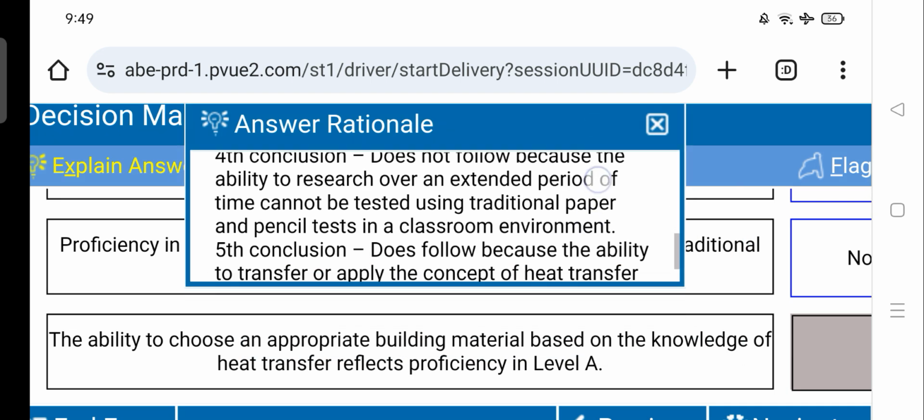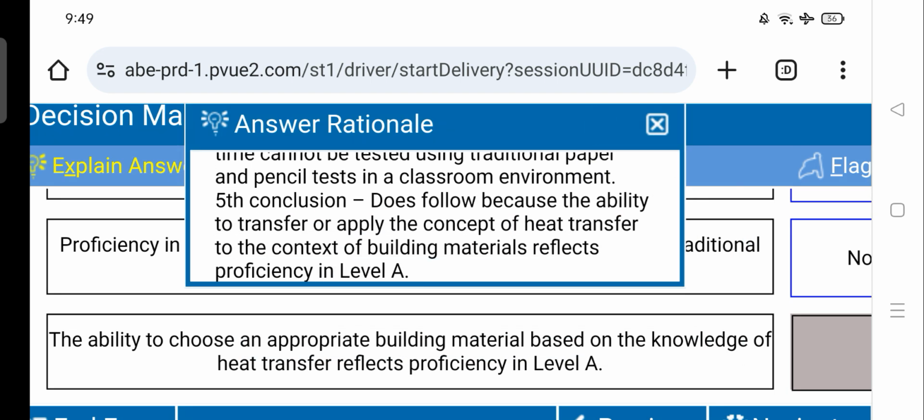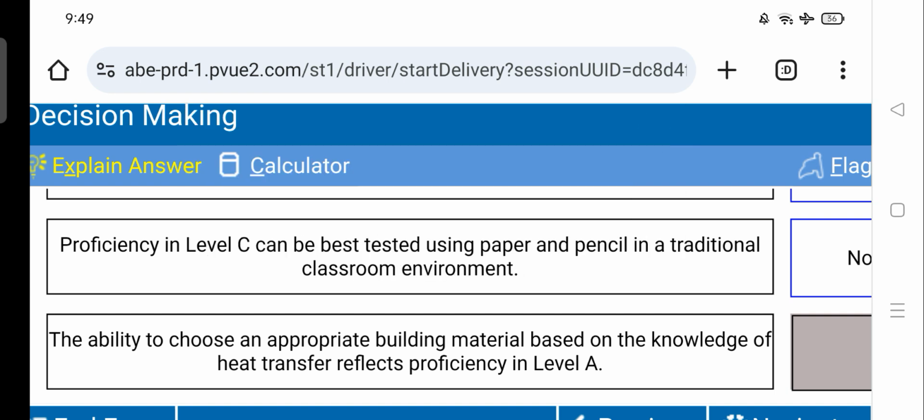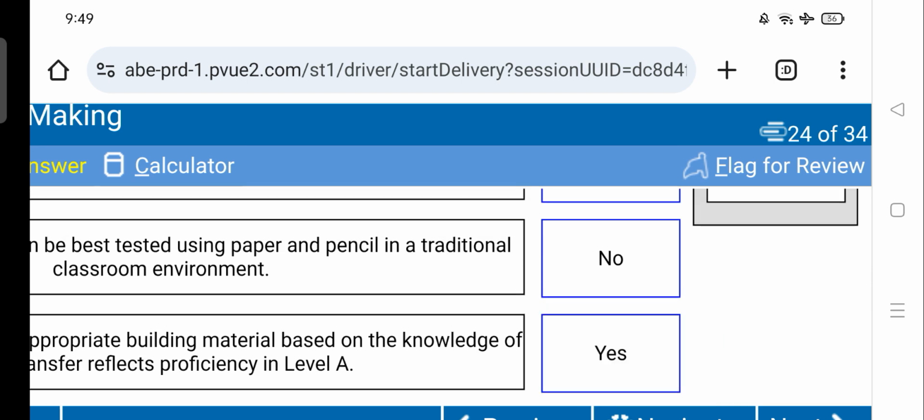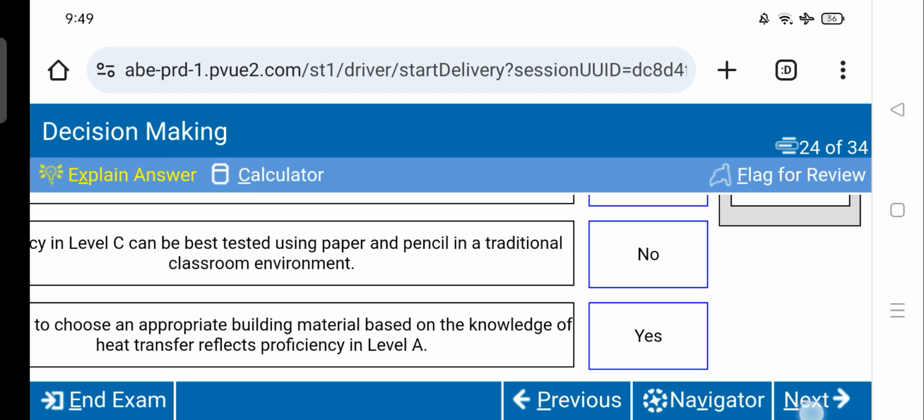The fifth conclusion does follow because the ability to transfer or apply the concept of heat transfer to the context of building materials reflects proficiency in level A. So as it does follow, we will drag a yes and drop it here in front of this conclusion.